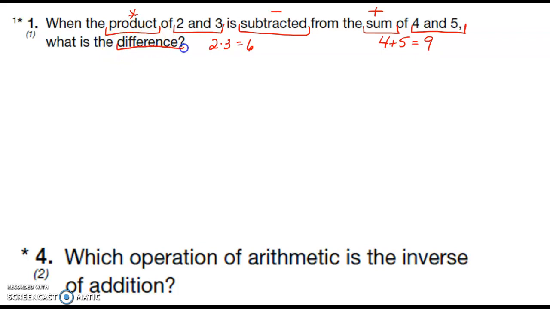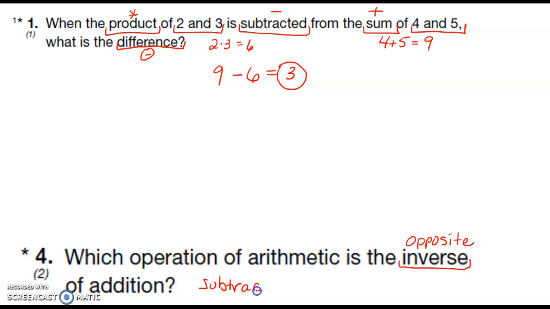What is the difference? Now, difference is the answer to a subtraction problem. So what I have is 6 is subtracted from 9, and I get 3. Which operation of arithmetic is the inverse or opposite of addition? And that would be subtraction.